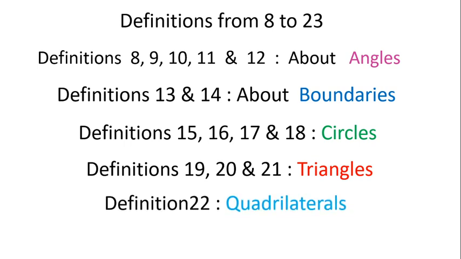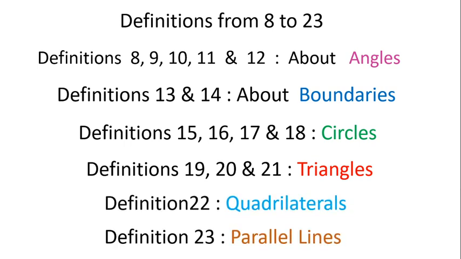Here is a small information for you, children. So 8, 9, 10, 11, 12 definition is about angles. 13 and 14 definition is about boundaries, and 15, 16, 17, 18 definition regarding circles, 19, 20, 21 is regarding triangles, definition 22 is about quadrilaterals, and definition 23 is about parallel lines.